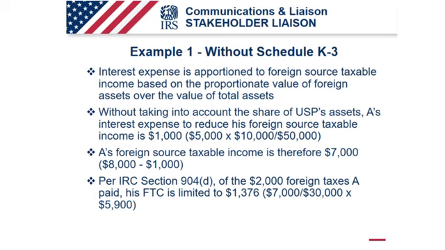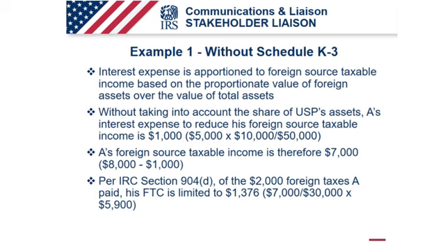When we do that calculation, we multiply A's total U.S. tax liability of $5,900 times a fraction of $7,000 of foreign source taxable income over their $30,000 of total worldwide income. When you multiply those numbers out, you end up with a foreign tax credit limitation of $1,376.